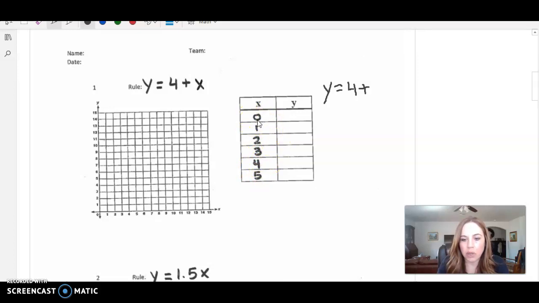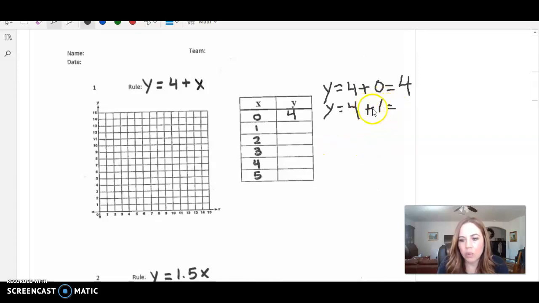So my first number is 0. So when x is 0, y is equal to 4, because 4 plus 0 is 4. So let's write 4 for y. And then we have y is equal to 4 plus, let's write our second value for x that we have in the table, 1.